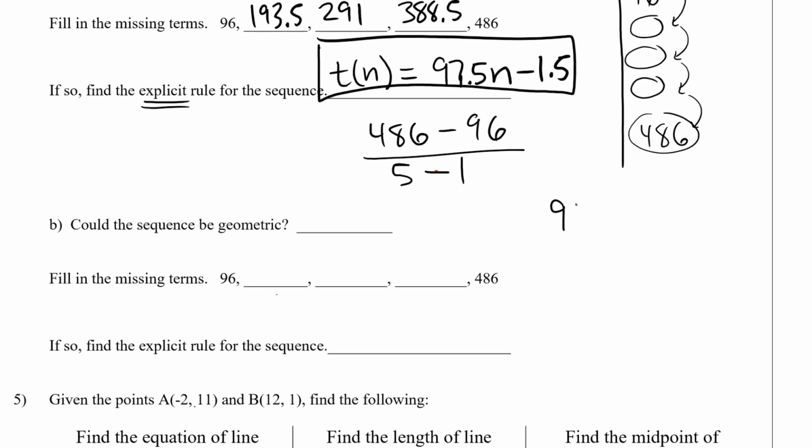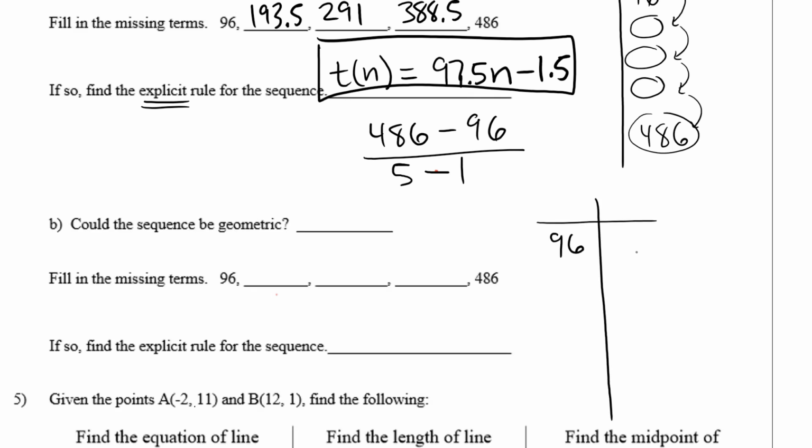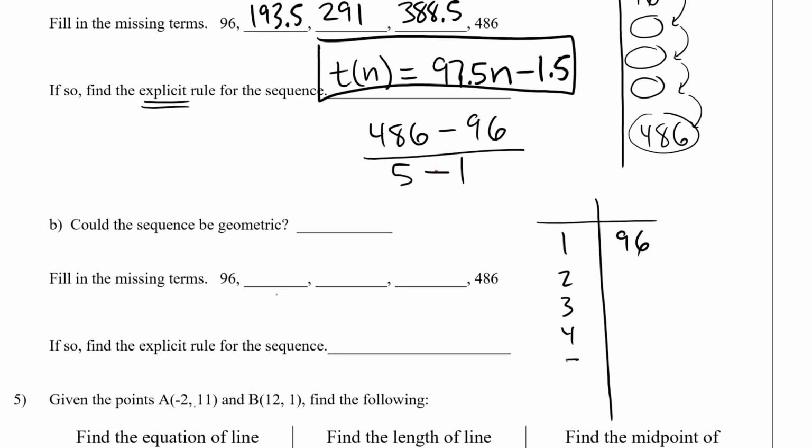So if I start with the same kind of thinking I did with the previous part, I'll look at a table of values. This time I'm going to start with 96. My first term has an output of 96, and then I've got my second, third, fourth, and I know the 5th term is 486.